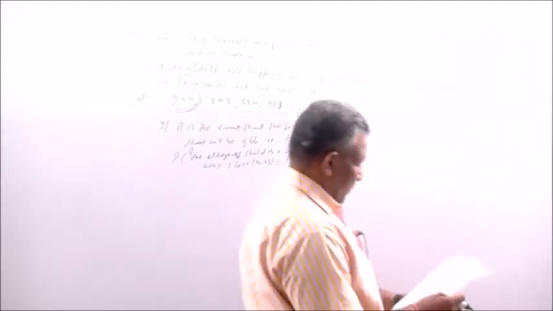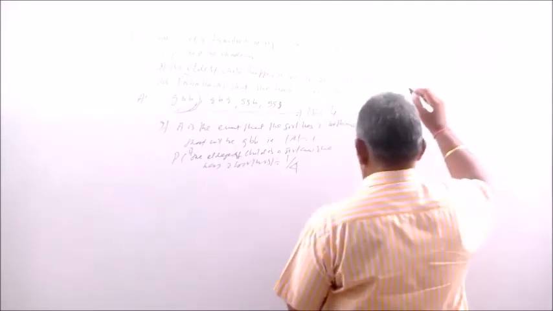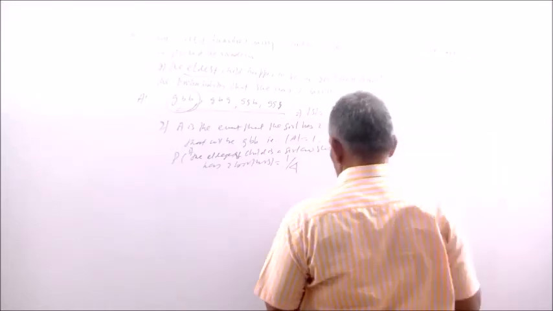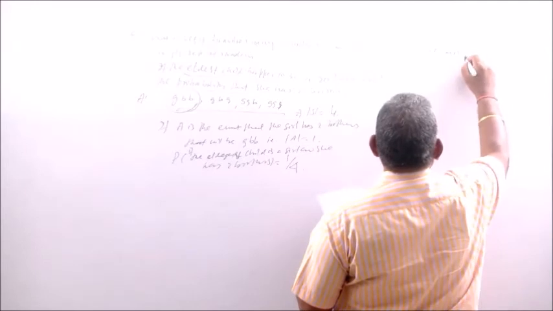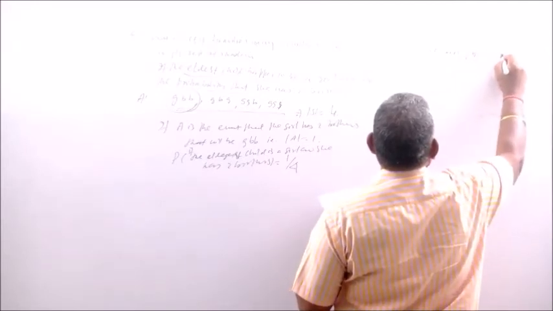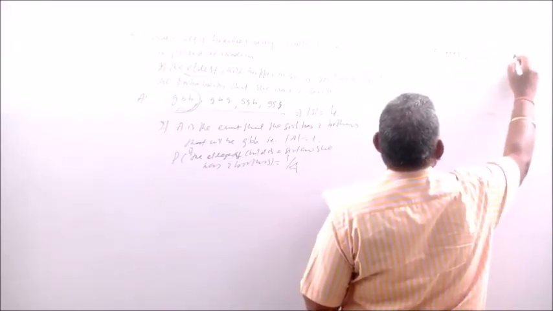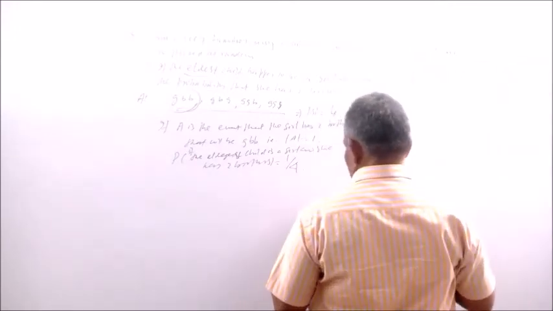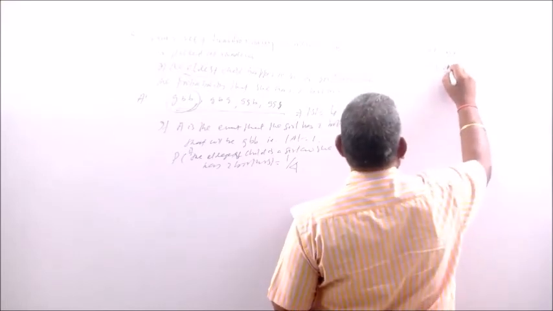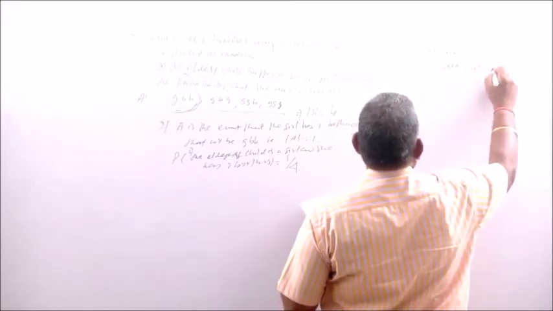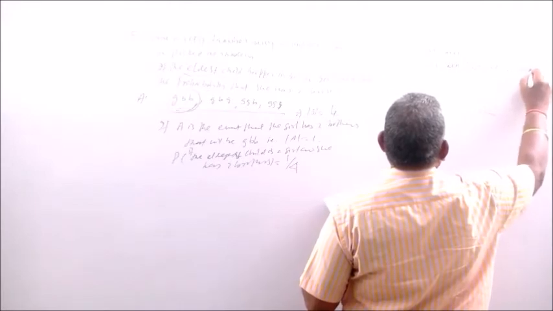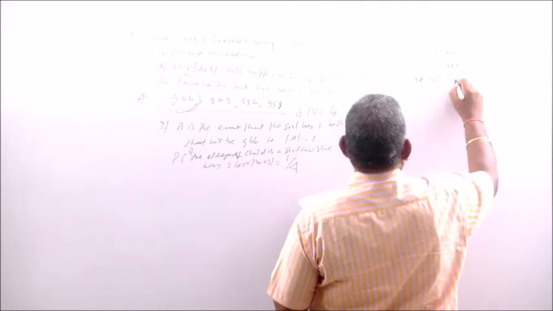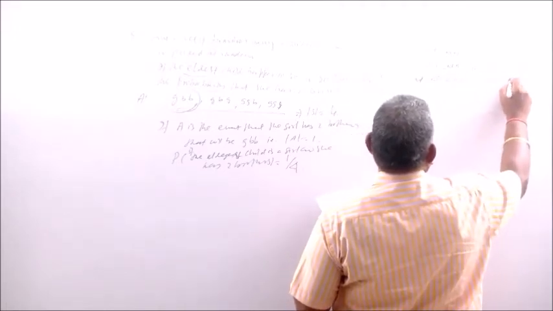Suppose one child of a family is a son, then find the probability that he has 2 sisters.